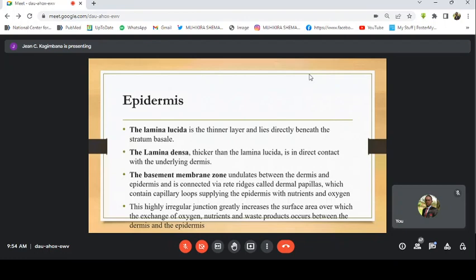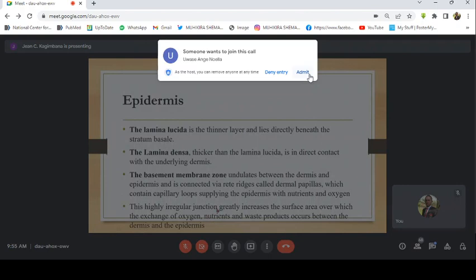Now, this basement membrane zone plays a big role in what? Nutrition of the epidermis. It's an exchanging zone where we have a lot of things that pass through this basement membrane zone.